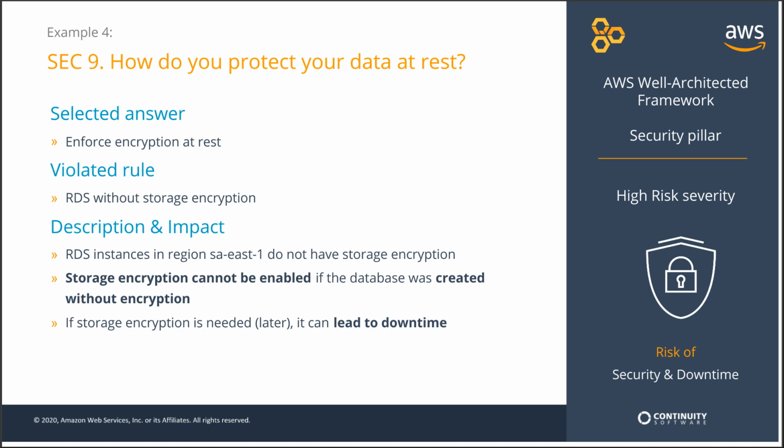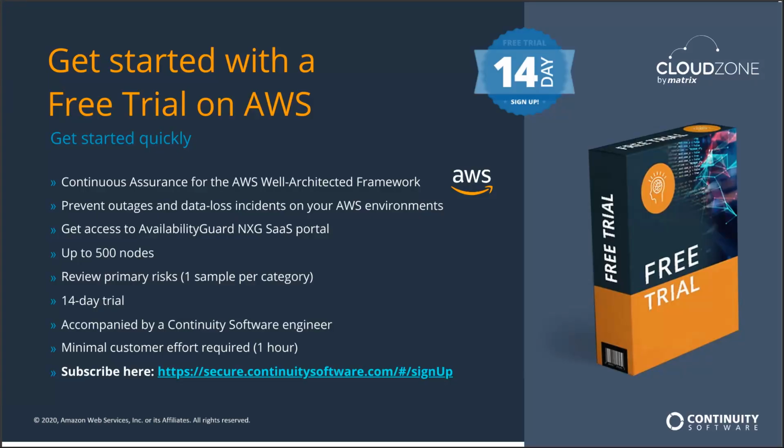Avi, definitely some great findings there. So if I want to try this at home, what do you recommend? So we have our free trial plan, which is available both for AWS customers and consulting partners such as CloudZone, which are part of the AWS Well-Architected program and run Well-Architected reviews with customers.